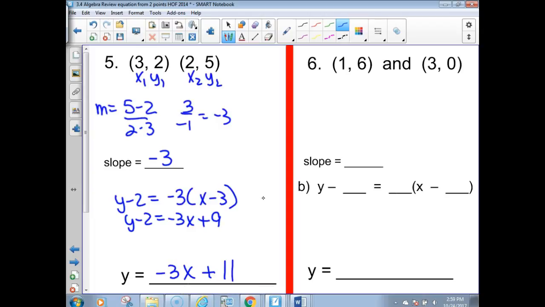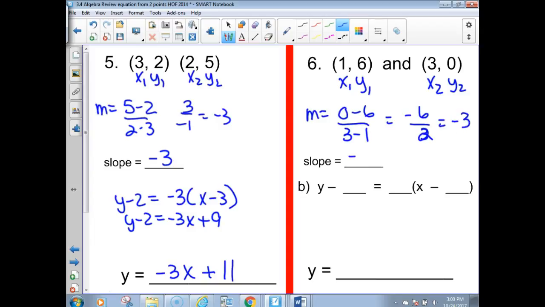Okay, do number 6. Okay, y equals -3x plus 9.